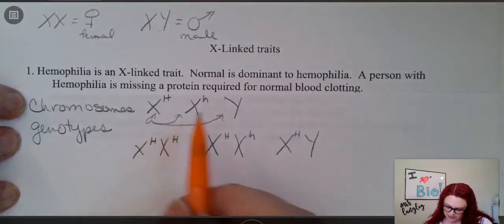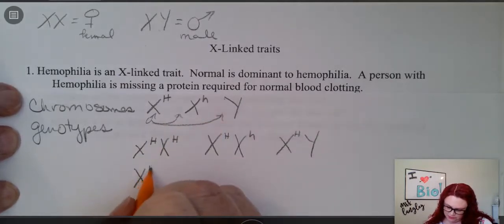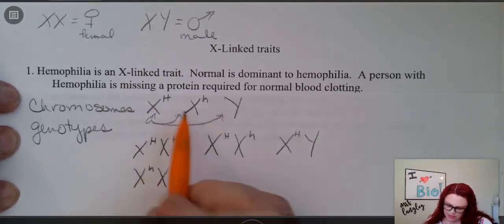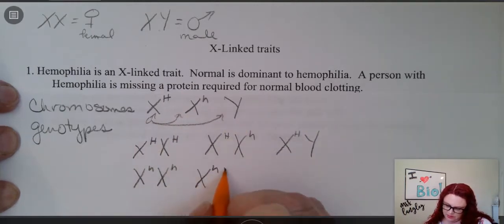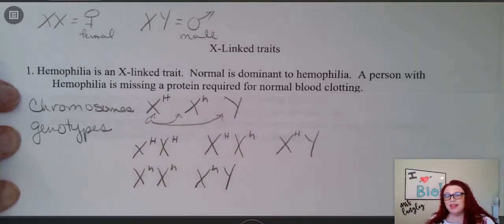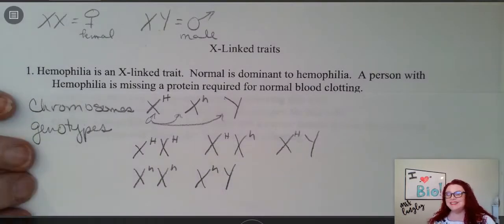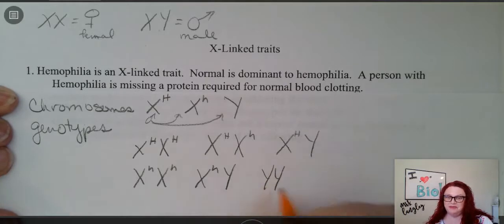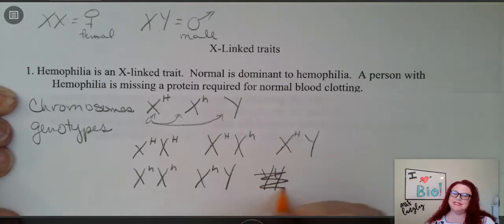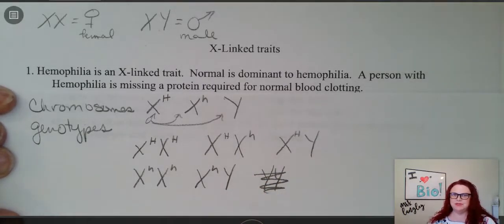I can look at this one and I can put it with itself. It's already been combined here, or I can combine it with a Y. And Y with anything else without having an X doesn't work. So having YY, that one doesn't work. It won't create life. So we don't have to worry about that one.